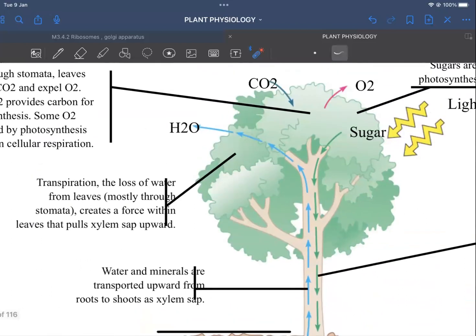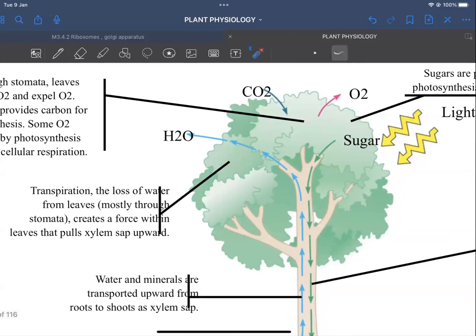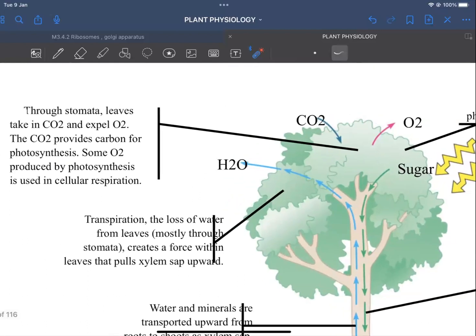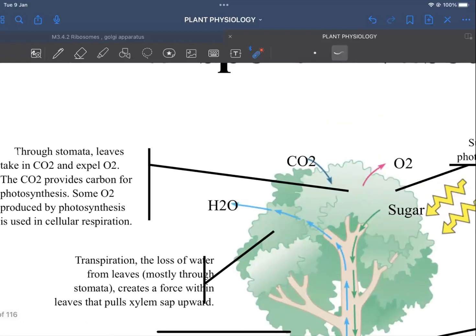Then we have transpiration, which means the loss of water from the leaf surface, mostly through the stomata opening, creating a force within the leaves that pulls the xylem sap upward. Through the stomata, the leaves take in carbon dioxide and at the same time expel oxygen to the environment.